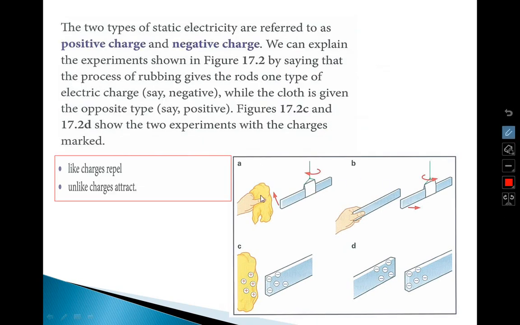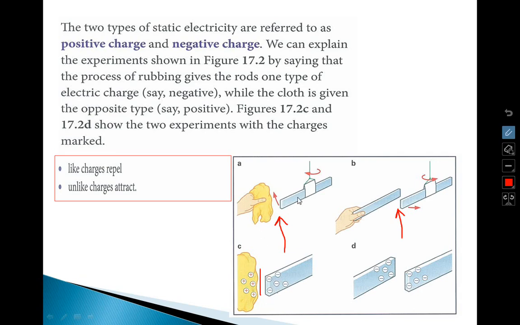So why does this happen? There are two types of static electricity, as we can see in figures C and D, which represent the cases above. The cloth and the material attract each other because they have different charges. This one is positive and this one is negative, so the force here is attraction.